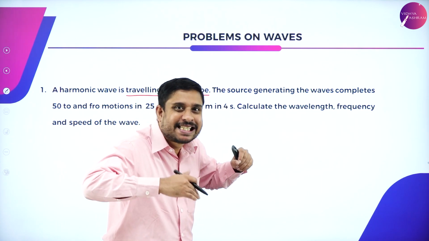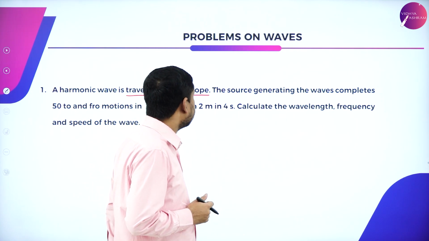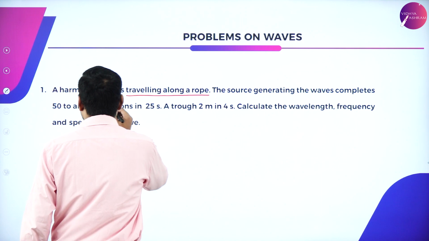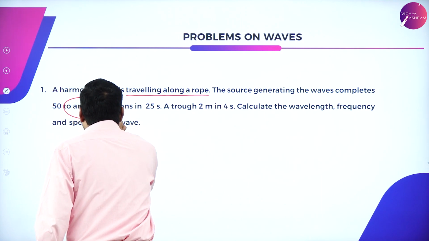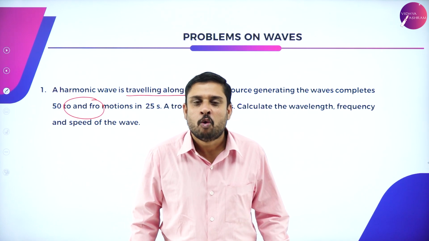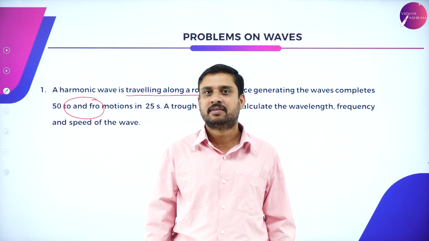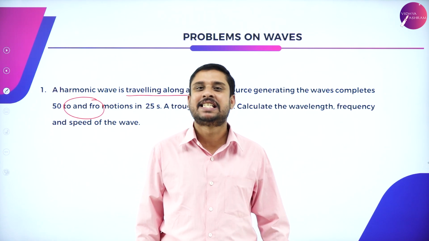The source generating these waves completes 50 to and fro motions. What do you call to and fro motion as oscillation?